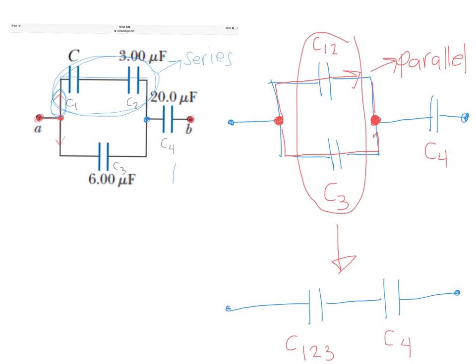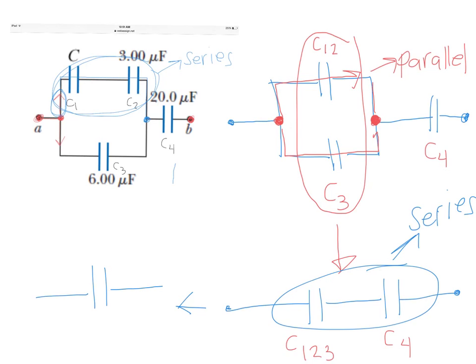So obviously C1,2,3 and C4 are connected in series. And then eventually we will have our equivalent capacitance that is just going to look like this. So we call this C total, which is just equal to C1,2,3,4, or simply the equivalent capacitance, or CEQ.